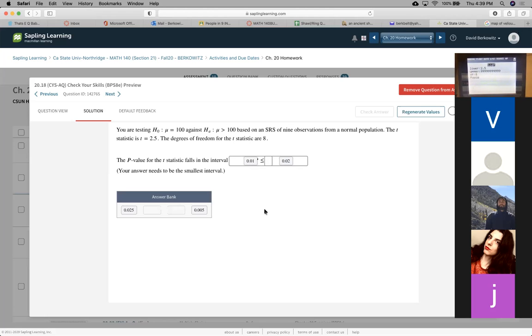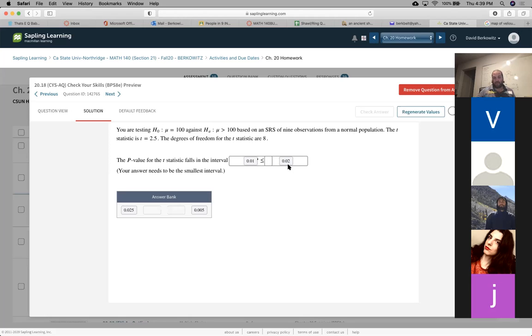And degrees of freedom is 8. And I hit paste and I hit calculate, and it gives me a p-value of 0.0185. And 0.0185 is between 0.01 and 0.02.